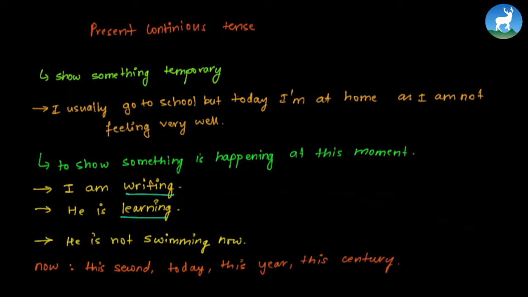We mean now by stating these points of time. So if we write, he is not swimming now, we either mean he is not swimming at this moment, at this second, or it also means he is not swimming today. So here, now refers to these phrases.